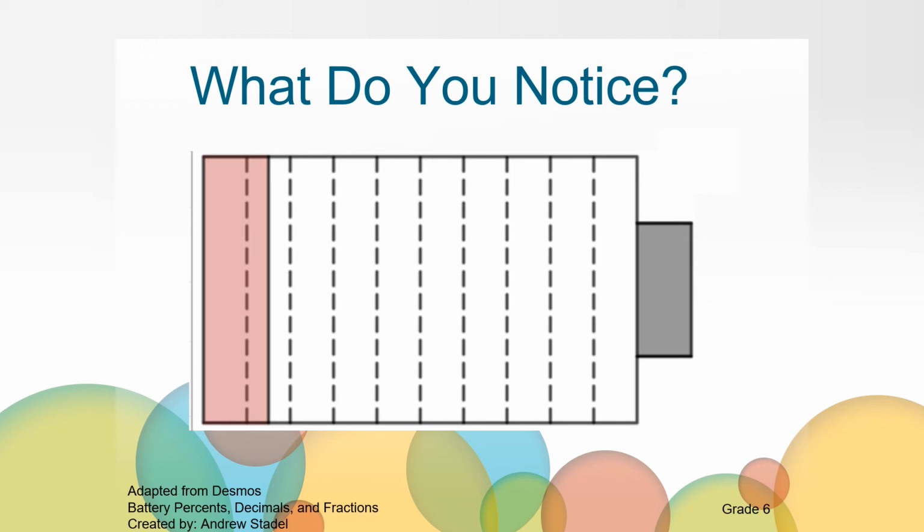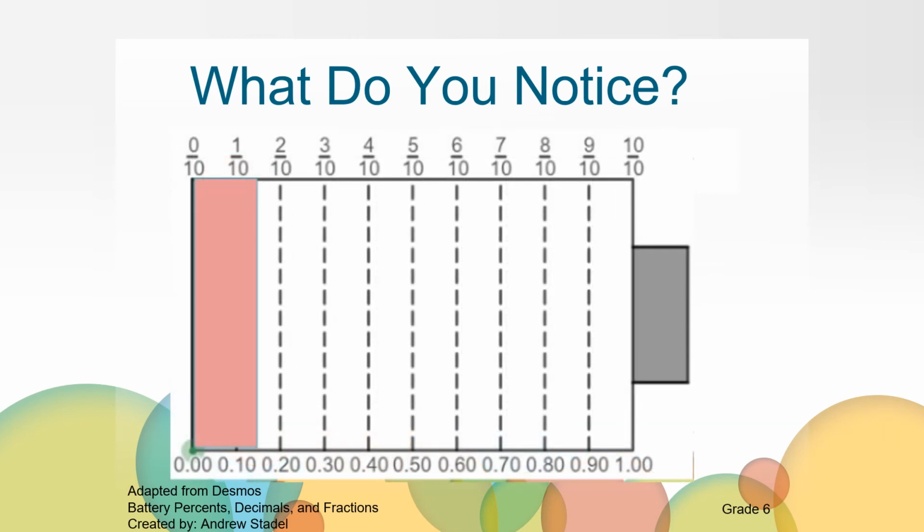You might be noticing that this battery is very low. It needs to be charged soon. You might be noticing that this battery is split into 10 equal parts. So each part represents 1/10 or 10% of the battery. You might be noticing that the line is between 1/10 and 2/10 or 10% and 20%.